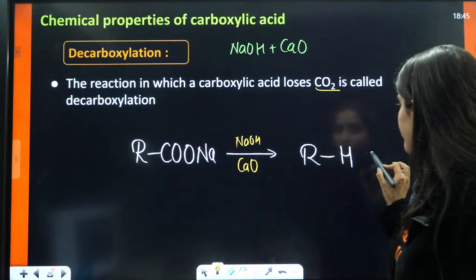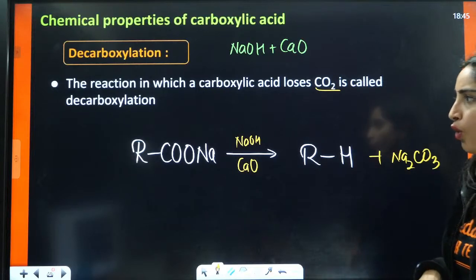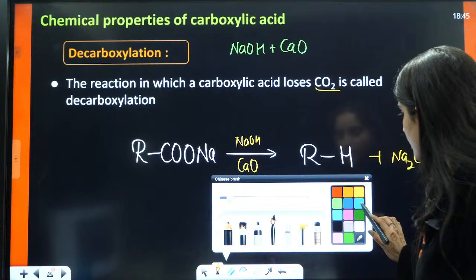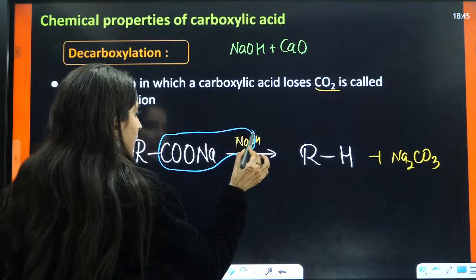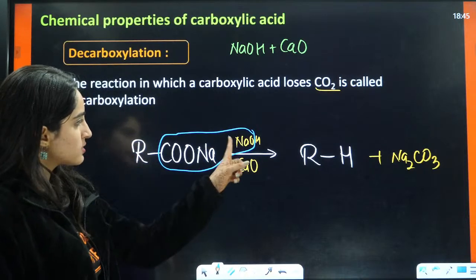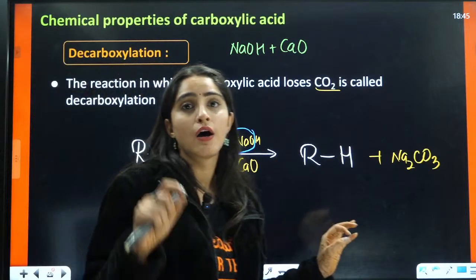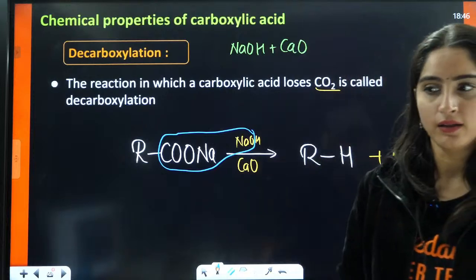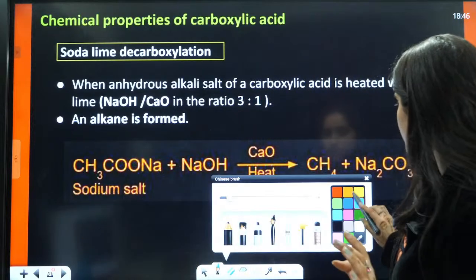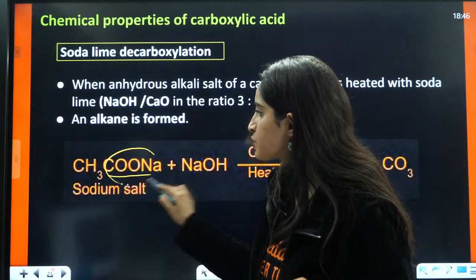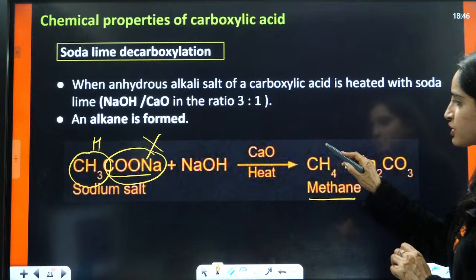Na2CO3 will be eliminated and a hydrogen will be attached to this R, and you will have the formation of a one carbon less alkane. For example, CH3COONa gives CH4.